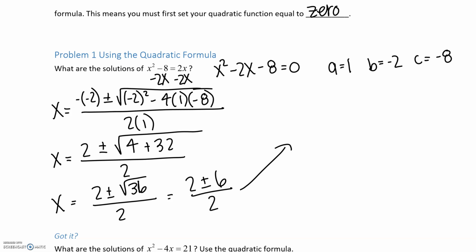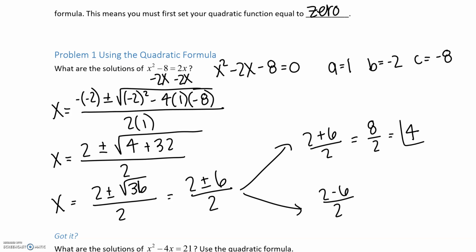So we have to split that up. We're going to have 2 plus 6 over 2 and 2 minus 6 over 2. So 2 plus 6 is 8 over 2, that leaves us with 4. And 2 minus 6 is negative 4 over 2, which leaves us with negative 2. So our answers are x equals 4 and x equals negative 2.